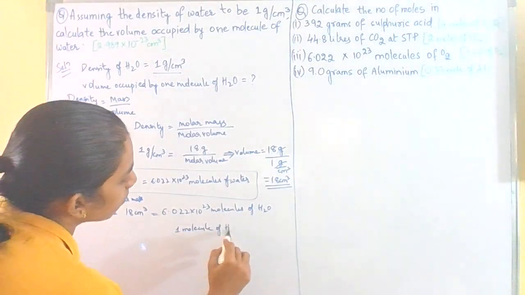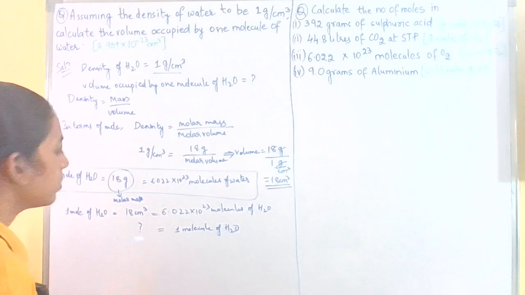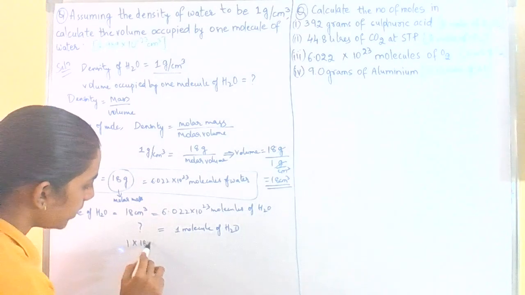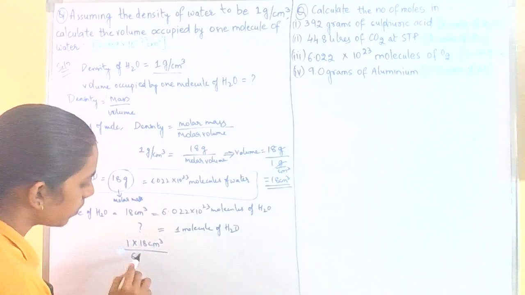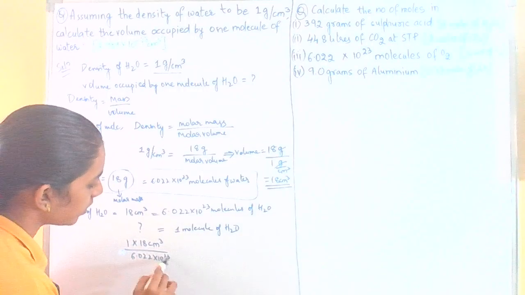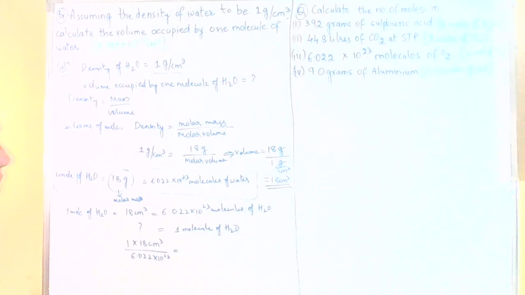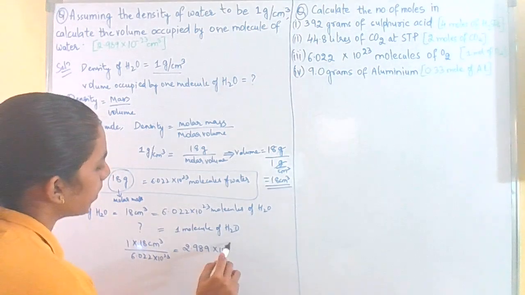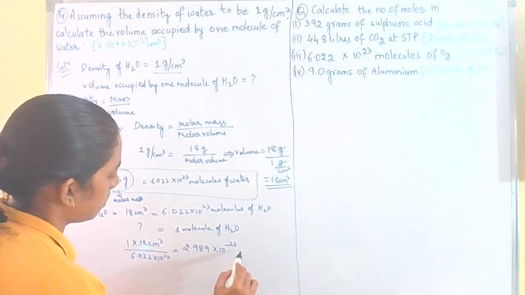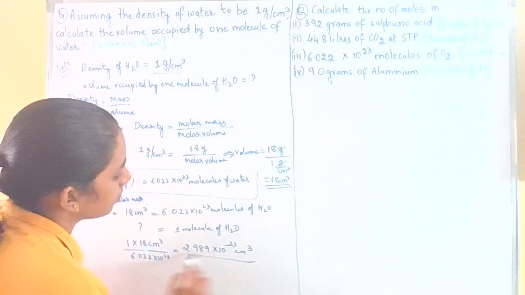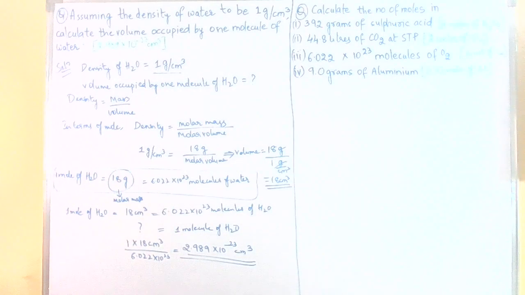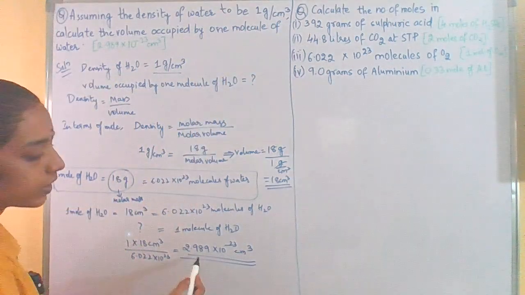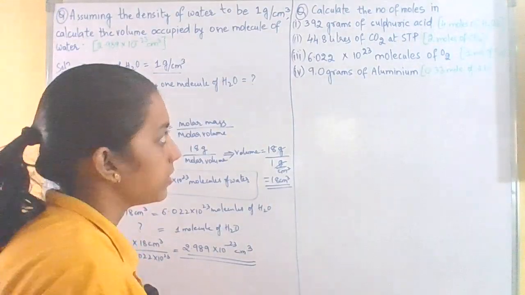One molecule of water occupies how many centimeter cubes? 1 into 18 centimeter cube by 6.022 into 10 to the power 23, which is equal to, when you solve this, you will get the final answer as 2.989 into 10 to the power minus 23 centimeter cube. Okay, so volume occupied by one molecule of water is 2.989 into 10 to the power minus 23 centimeter cube.